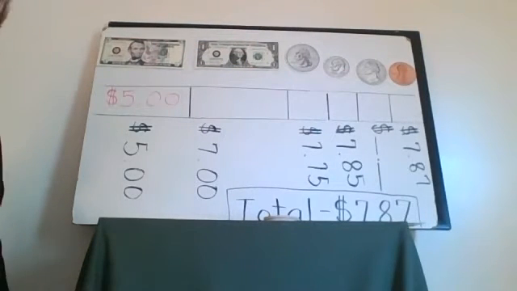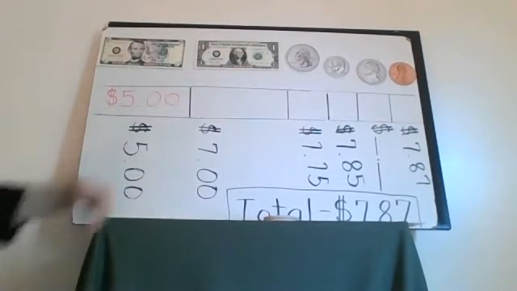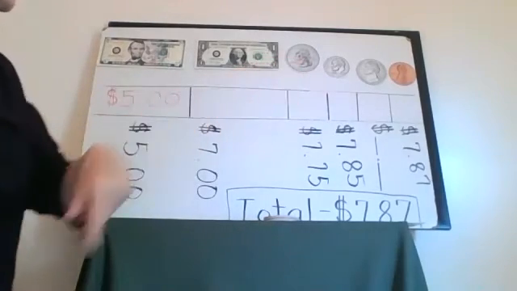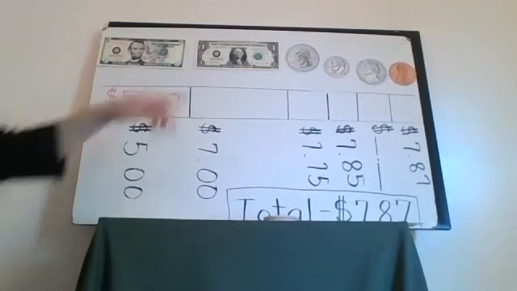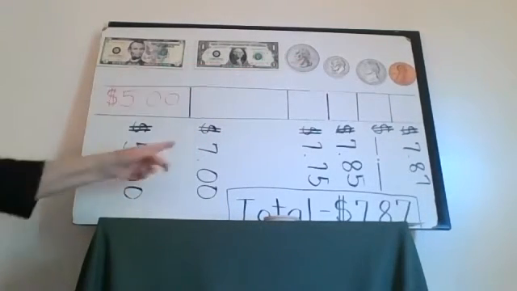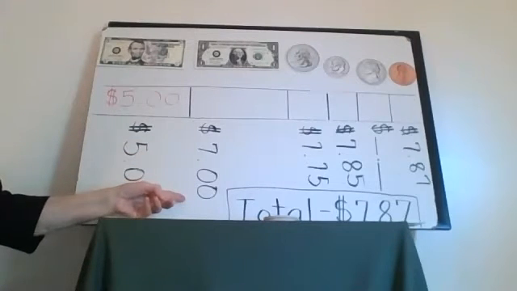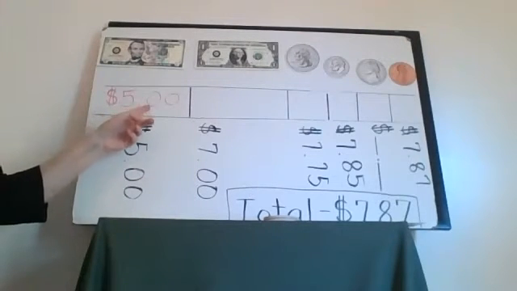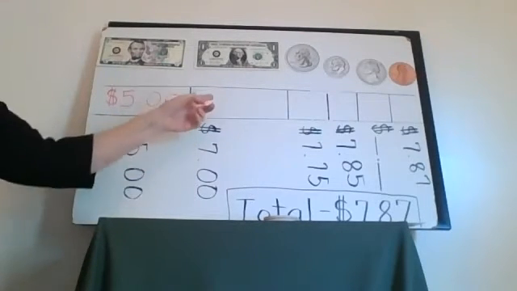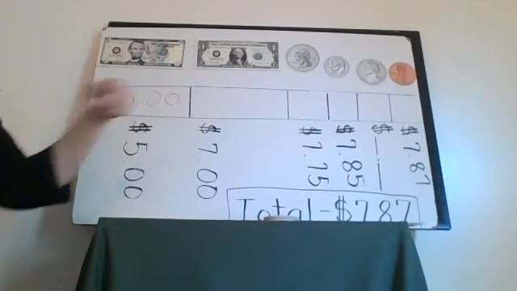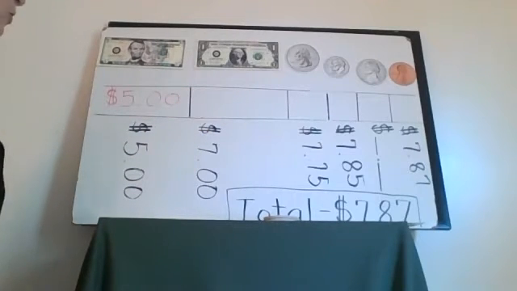But today, we're trying to find out what coins do we need? How many coins do we need? Now, how many dollars do we need to make $7? We have 5, and we want to have $7 in this box.